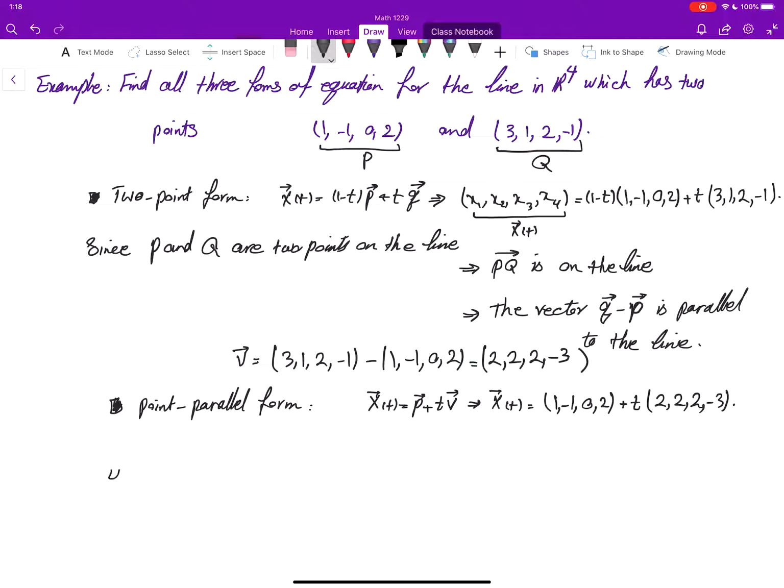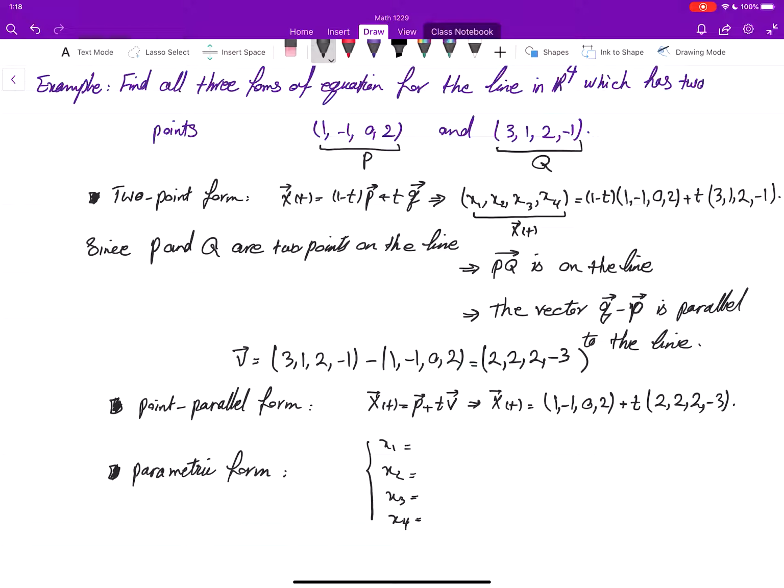And in the case of the parametric form, write x1, x2, x3, x4.